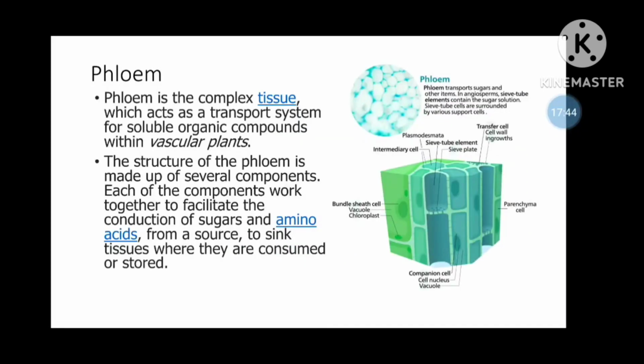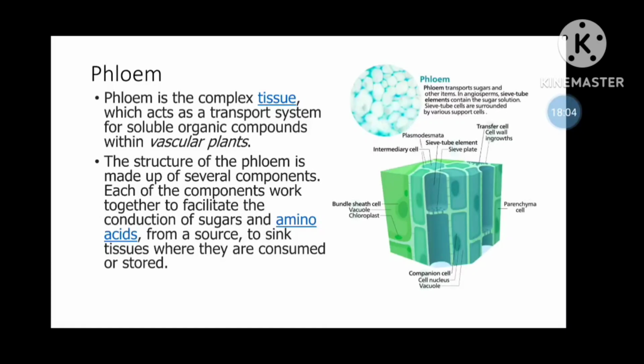Next is your phloem. Phloem is also a very important tissue of the plant. This phloem is mainly involved in the transportation of food material from leaves to the other parts of the plant.